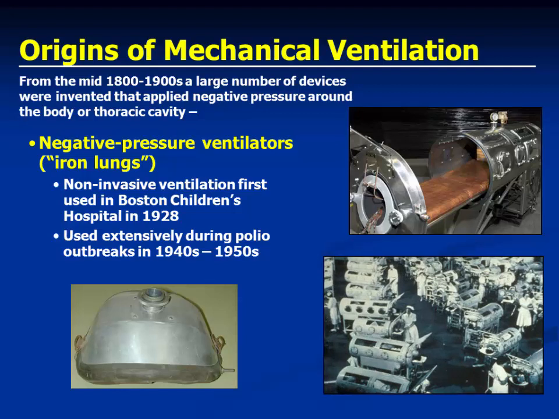Then came this famous iron lung, and with the polio epidemic in the 20s to 30s, this was the scenario in the ICUs where hundreds of these machines were lying and people were struggling to survive with these ventilators. This was another negative pressure ventilator.